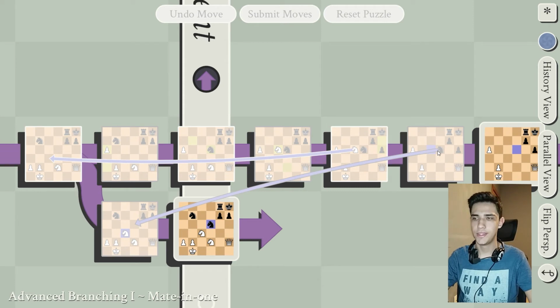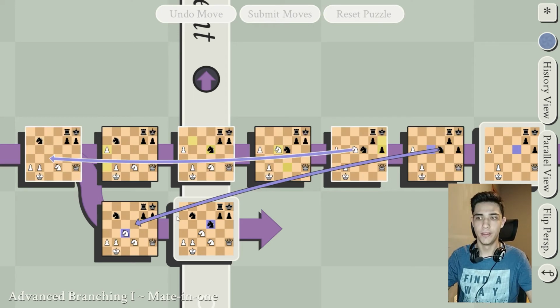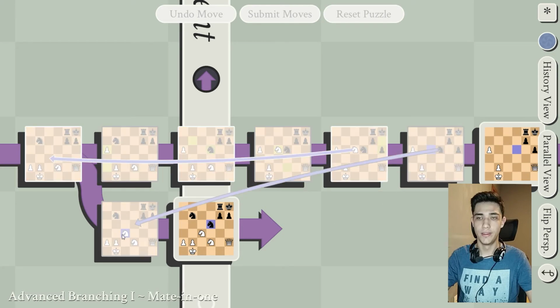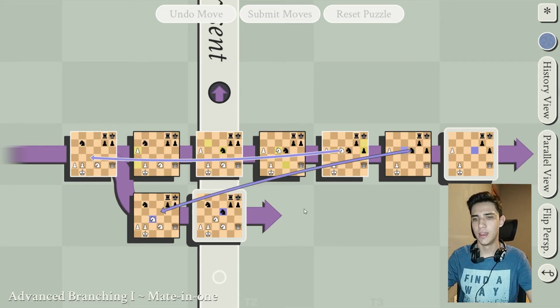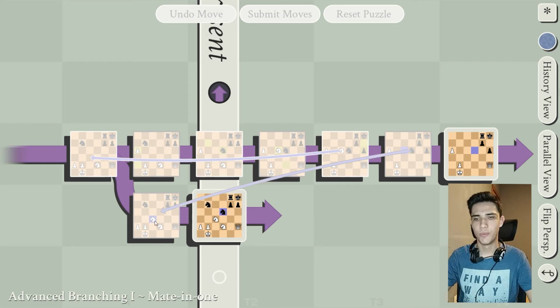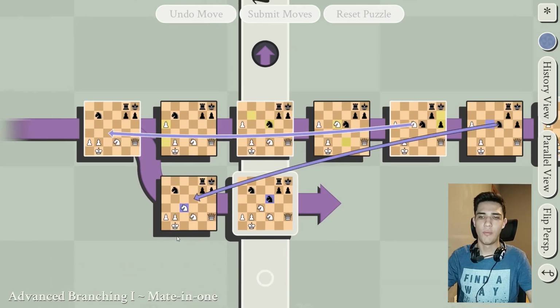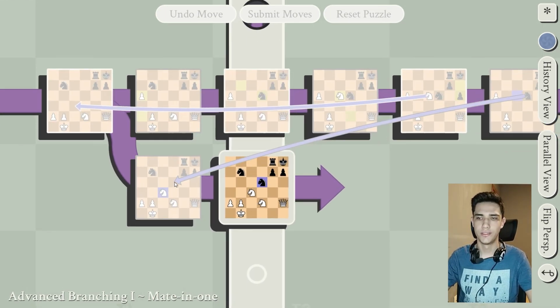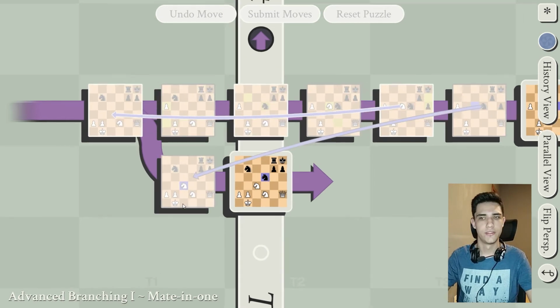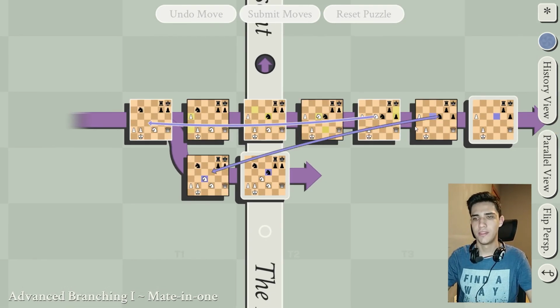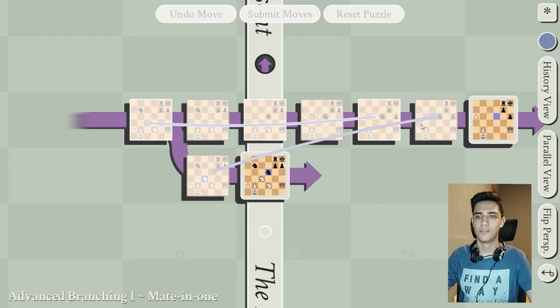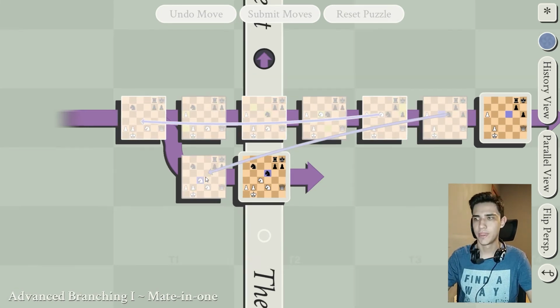The opponent, the black pieces, moved his knight to this board, but it didn't create a branch, because in this board my opponent didn't make a move yet when it was his turn. So it only counts as a move for this board and this board.